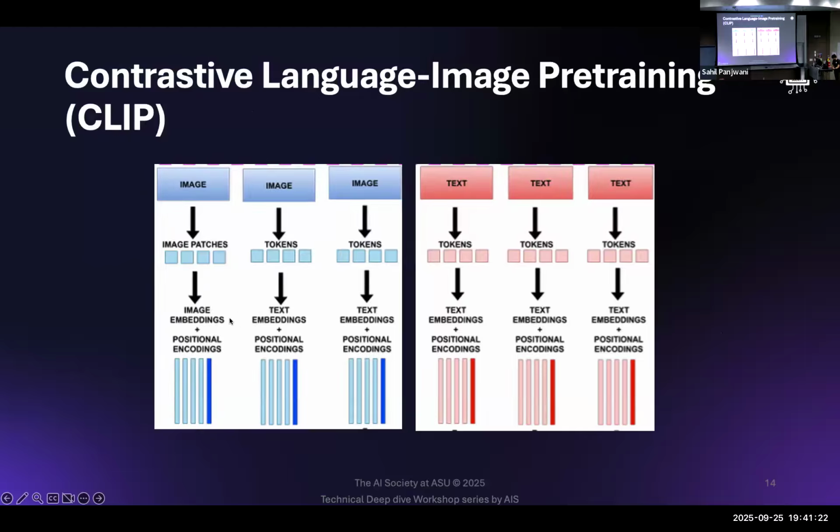The model doesn't see the whole image. It first parses it into uniform square patches, and then each patch is flattened and passed through a linear projection layer to become an embedding vector, which are those image embeddings that you see in the architecture.